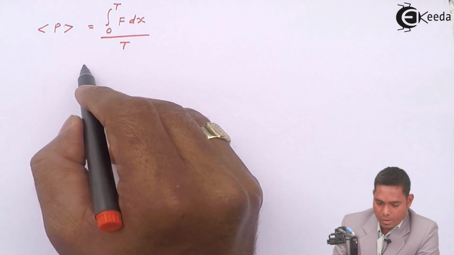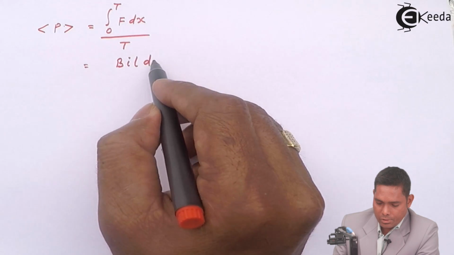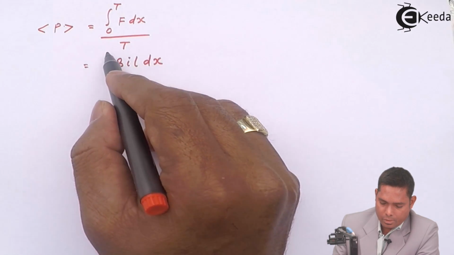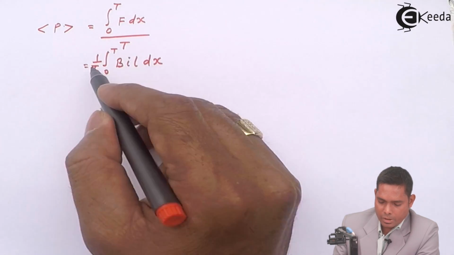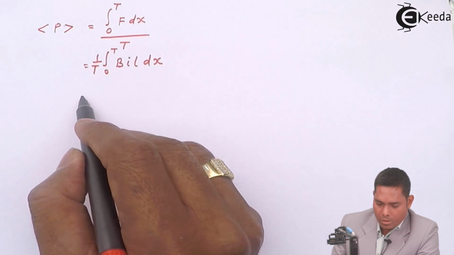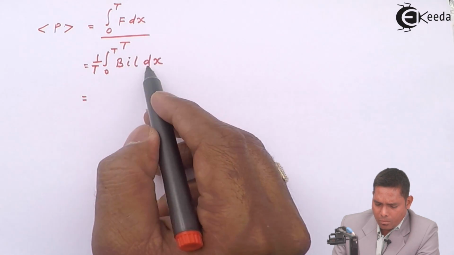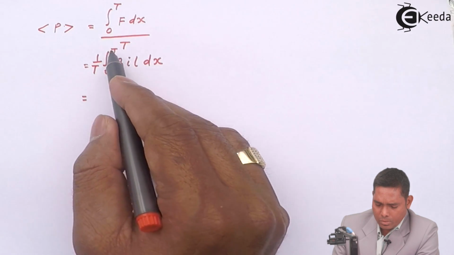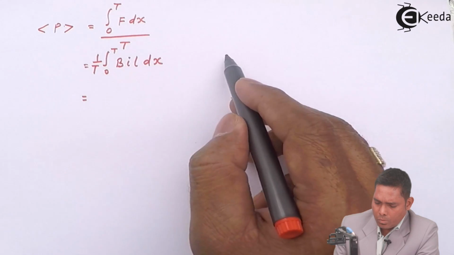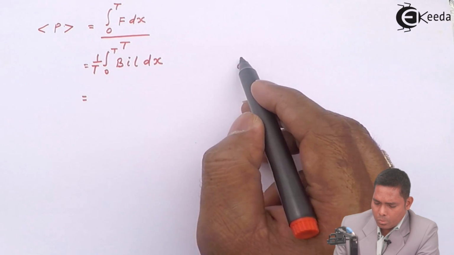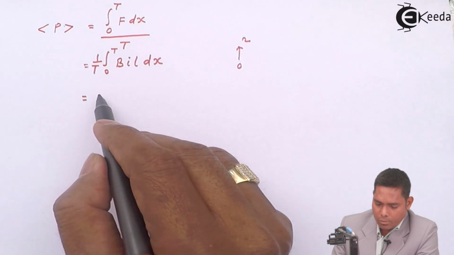Now F is BIL, so I'll write BIL dx, and this varies from 0 to t. I'm taking 1 by t outside. Now because this is in the form of x, I'll write the limits in the form of x. In that time, how far will this move? The conductor has to move from 0 to 2. So therefore it is 1 by t.